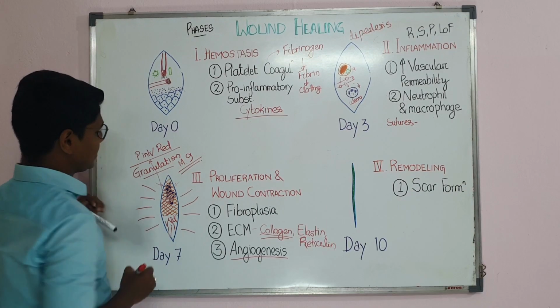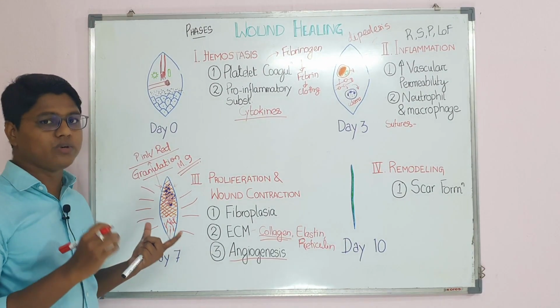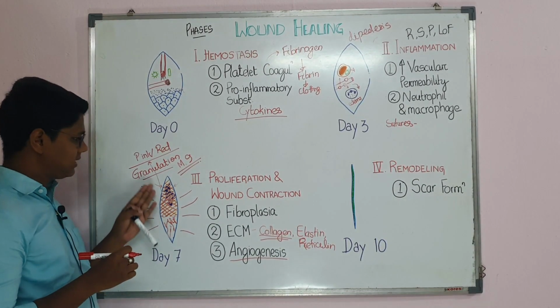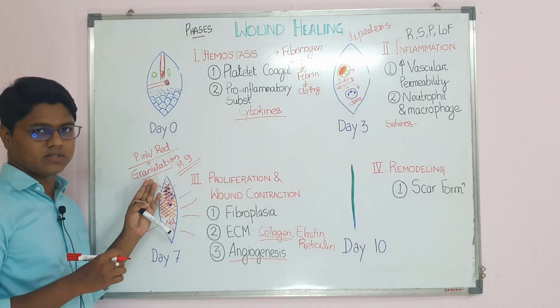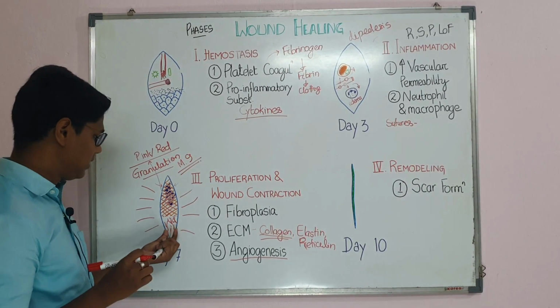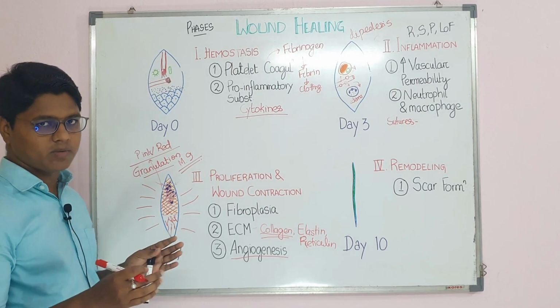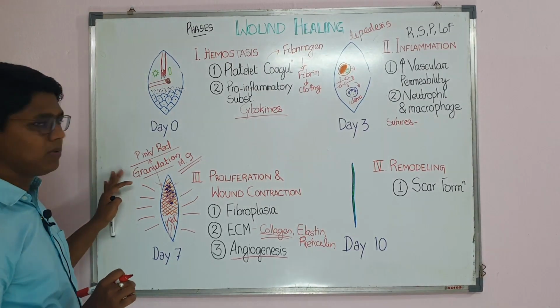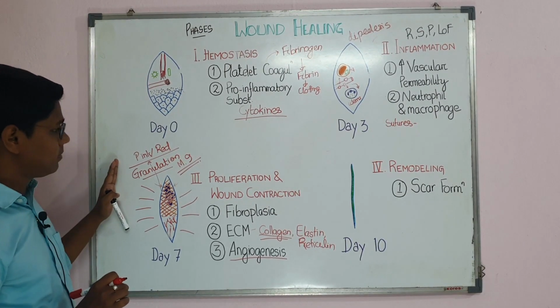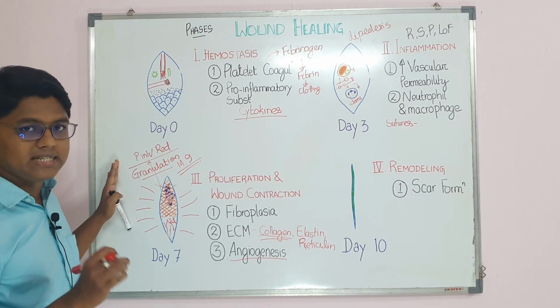Formation of granulation is a good sign, and remember, do not disturb the granulation tissue, there will be bleeding. Okay, because the capillaries are recently forming, if you disturb them, there will be bleeding, and this is also a very good sign that the wound is healing.